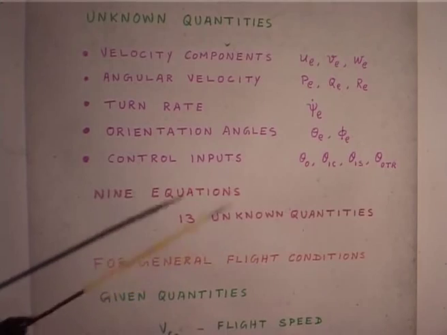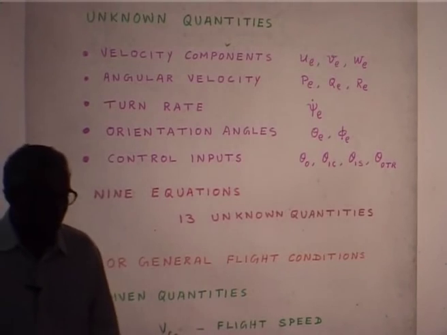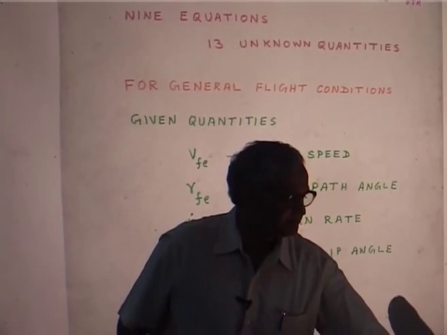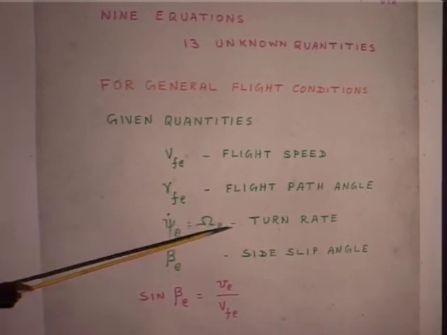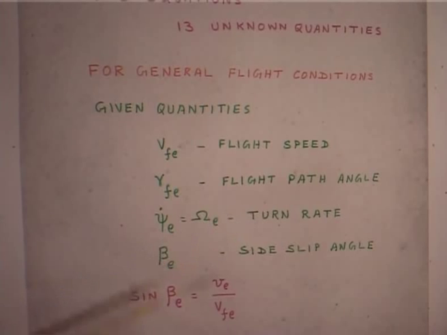You will not specify 4 from here, that is the problem. The 4 quantities which you specify are flight speed and the flight path angle. I will tell you what the flight path angle is. Then turn rate, psi dot, and then you will say what is the side slip angle.